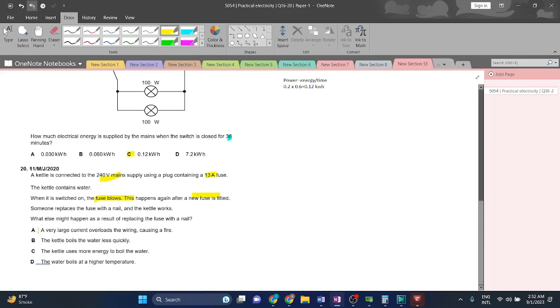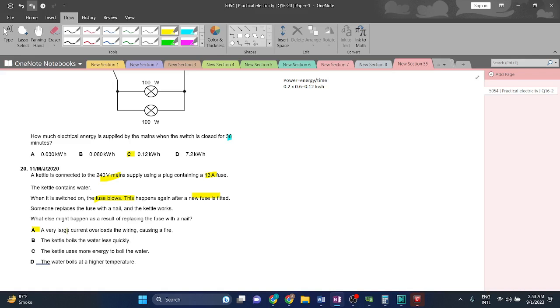A very large current overloads the wire and causes a fire, because the fuse was blowing again and again. So there must be something wrong with the appliance.